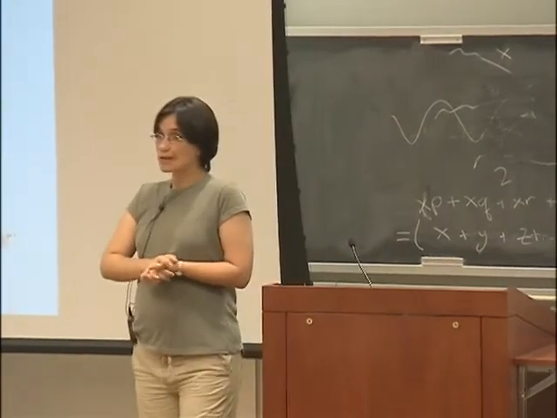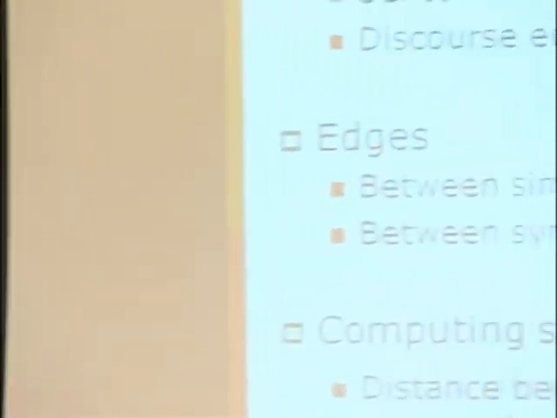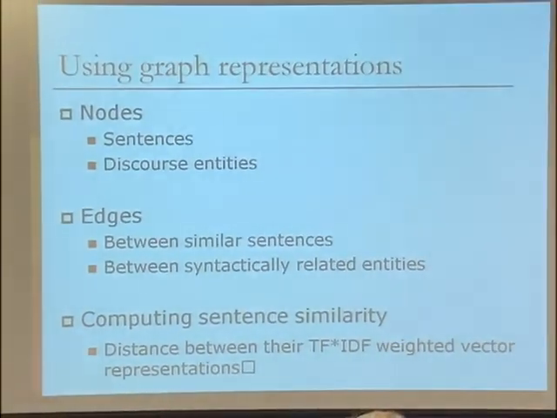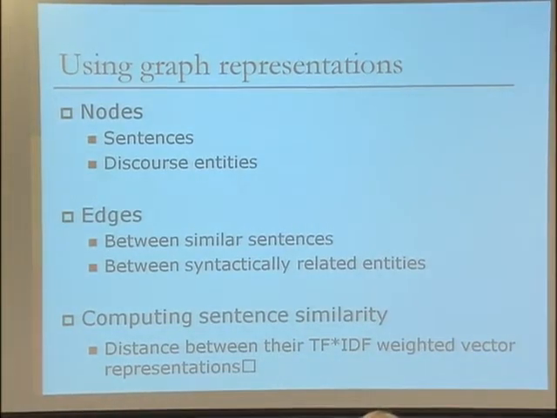Graph-based representation for summarization is something you would see a lot if you read more recent papers on summarization. What is this graph model? How do we get from text to graph? Imagine each sentence is a node in your graph, and you have edges between nodes.